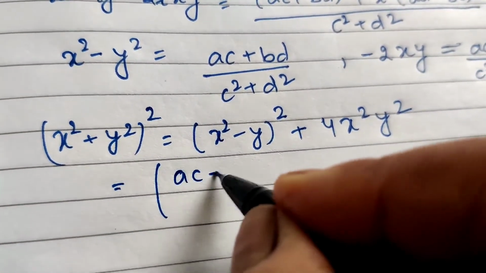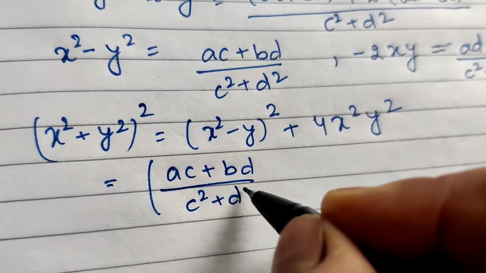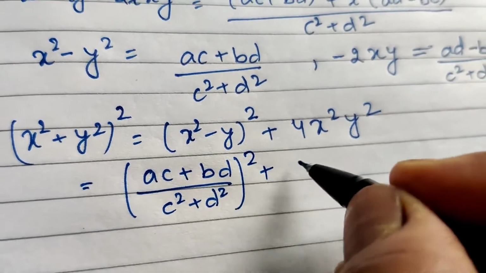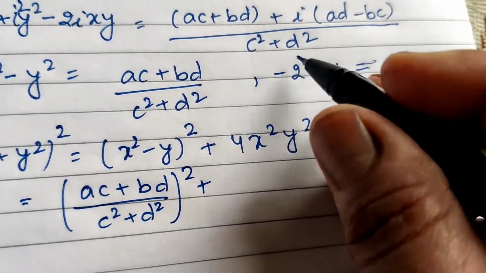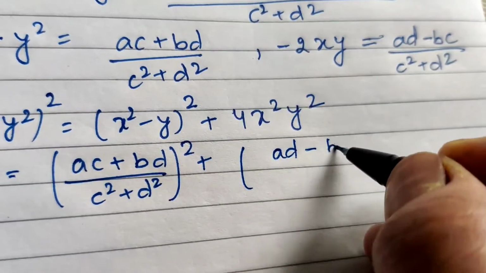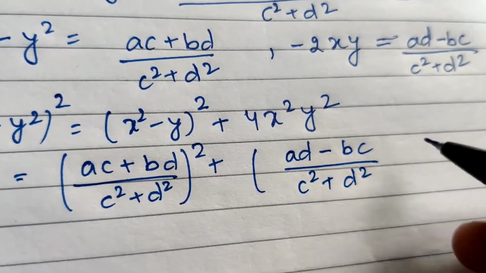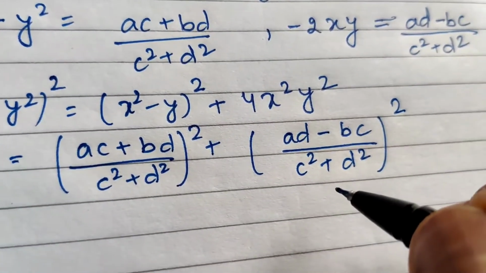It is equal to ((ac plus bd) by (c square plus d square)) whole square plus (2xy) whole square, which is ((ad minus bc) upon (c square plus d square)) whole square.